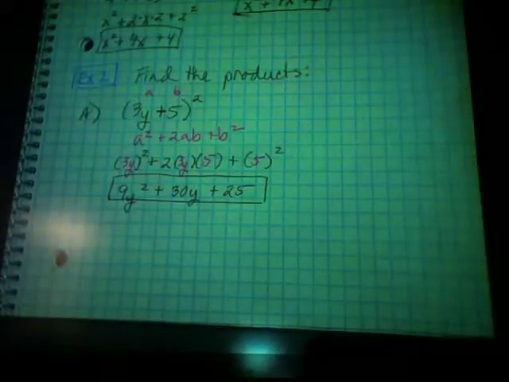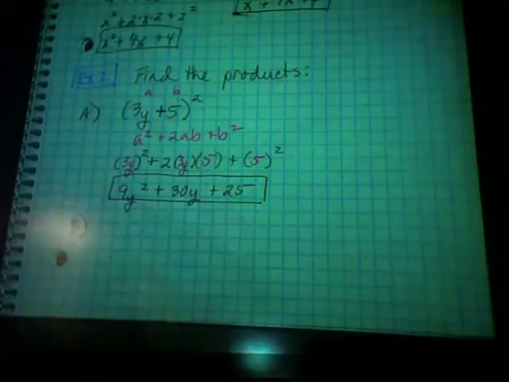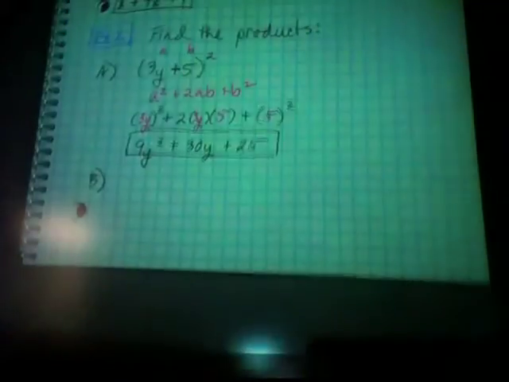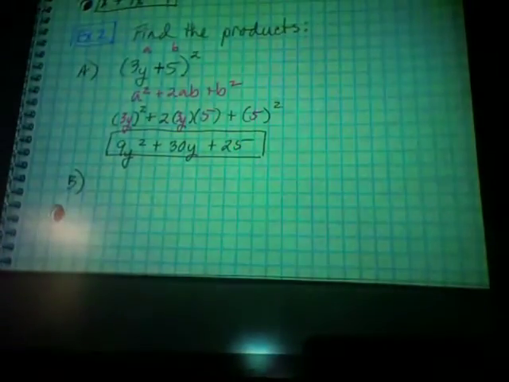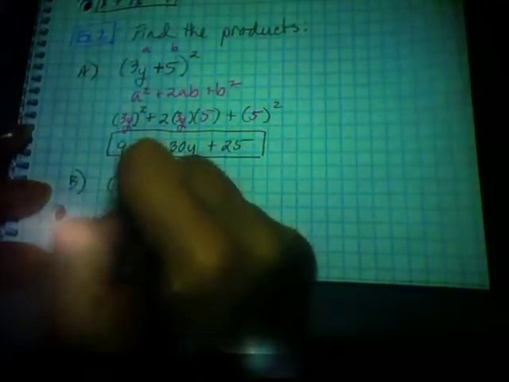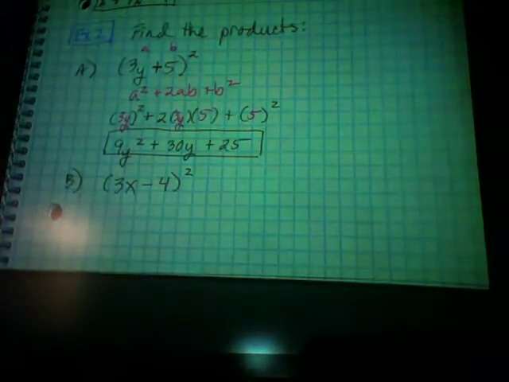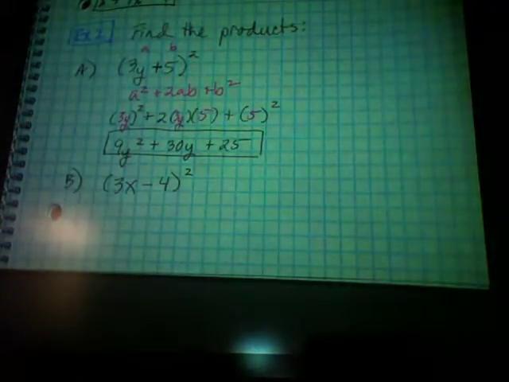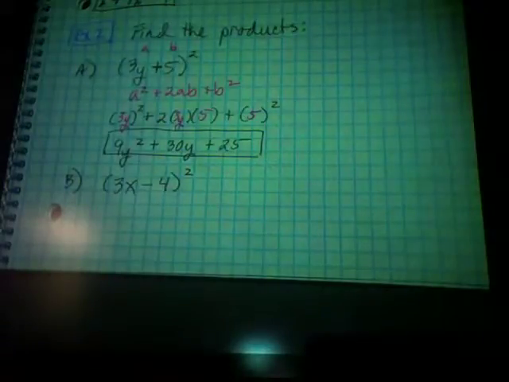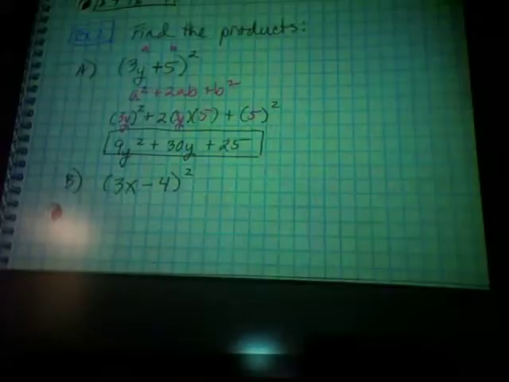So I want you to try the second one on your own. This time you have 3x minus 4 squared. It's a slightly different pattern. So write down the pattern and then follow it. See if you can follow it.